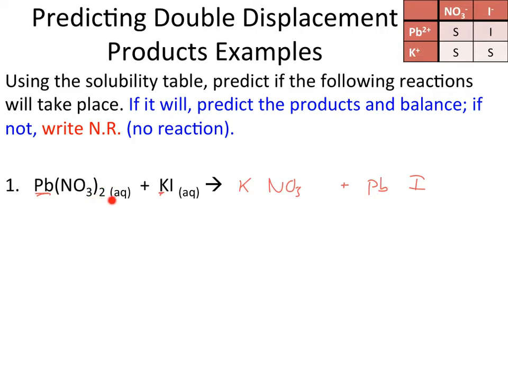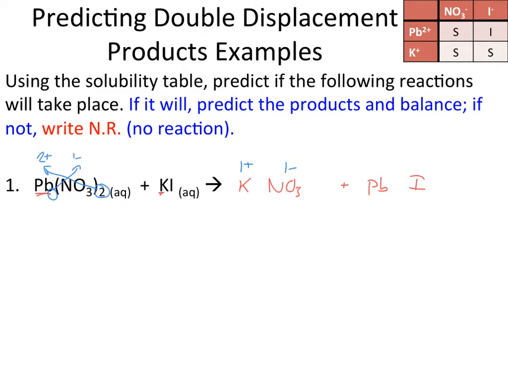Now remember that these subscripts do not follow necessarily onto the other side. You have to create the new formulas using the cross-down method. So for that we need the charges. For potassium it's 1 plus, for nitrate it's 1 minus. For Pb, again, I get this charge from here. If I do my cross over there, this becomes 2 plus, and that's 1 minus.